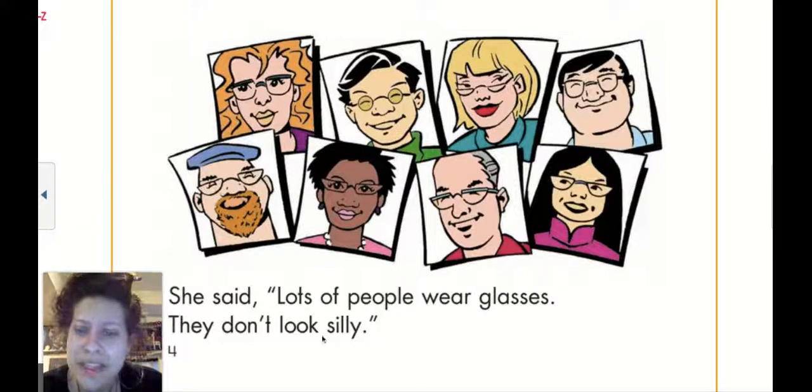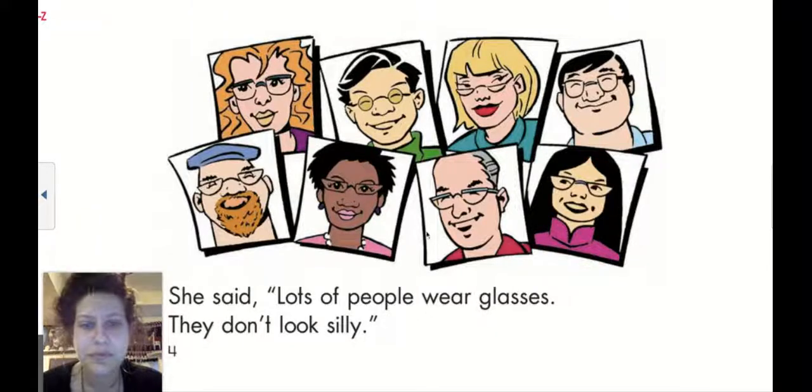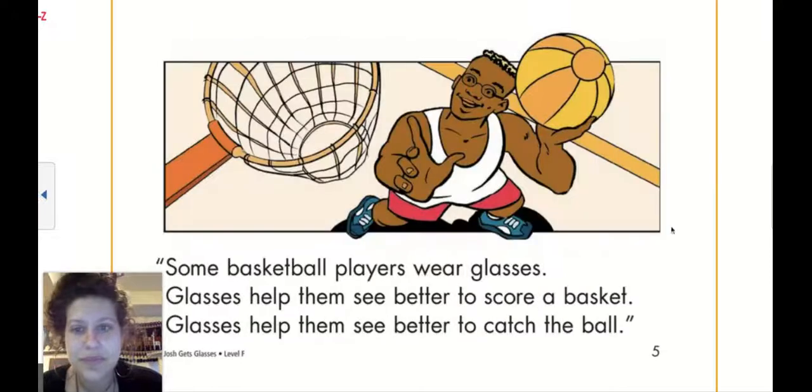They don't look silly. Some basketball players wear glasses. Glasses help them see better to score a basket. Glasses help them see better to catch the ball.